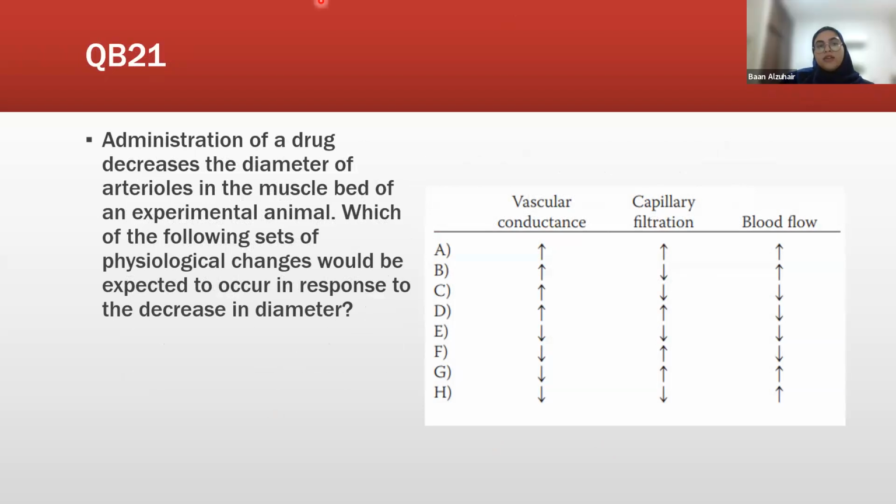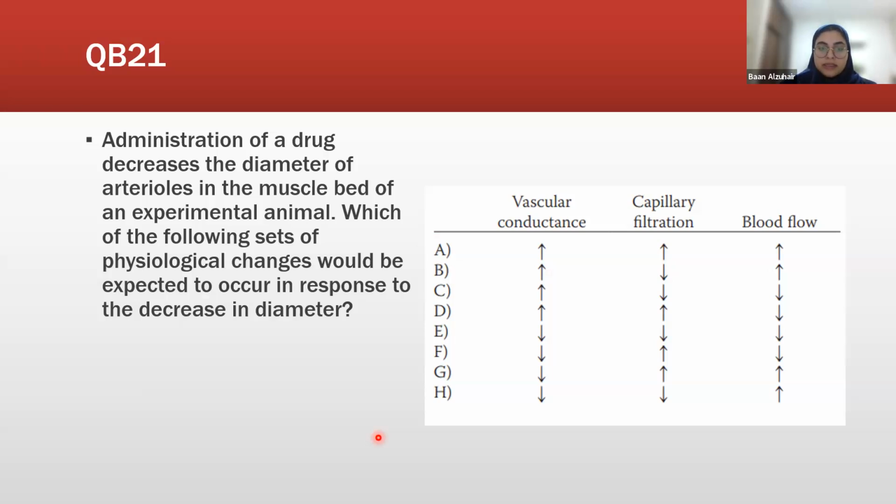Administration of a drug that decreases the diameter of arterioles in the muscle bed of an experimental animal. Which of the following sets of physiological changes would be expected to occur in response to the decrease in diameter? A decrease in diameter also means vasoconstriction. So what would happen? Yeah, good.